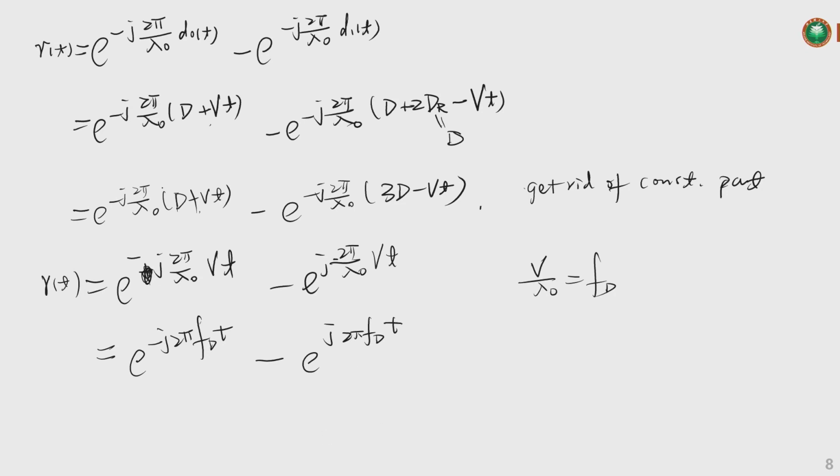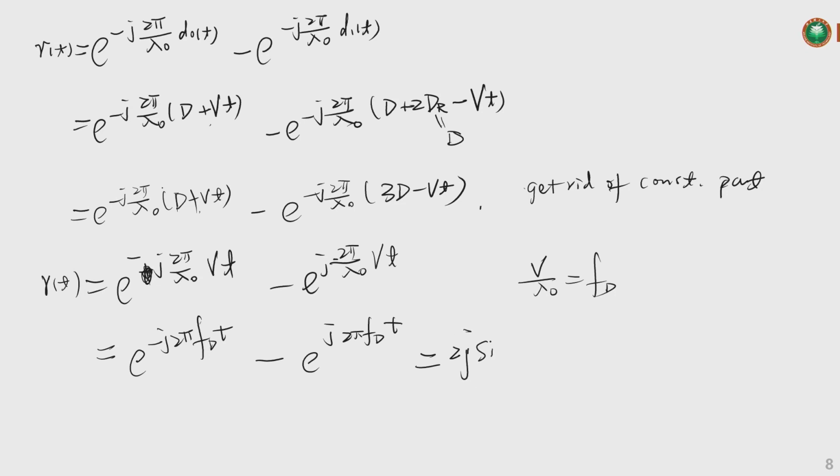So now we have the expression for this one. It equals exponential alpha minus exponential beta, which equals an expression as 2 times j.